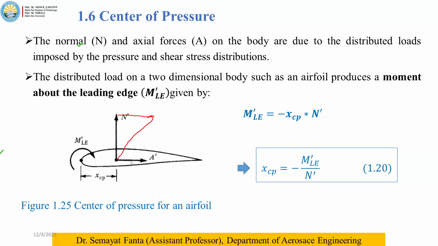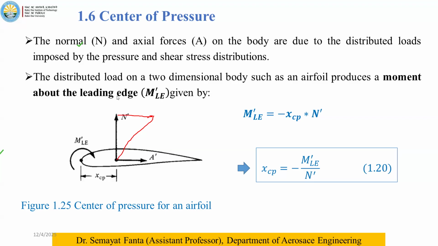Taking this picture, this is your leading edge, and you can represent some arbitrary point here, O. We dimension it from the leading edge to point O. That is XCP, the center of pressure.